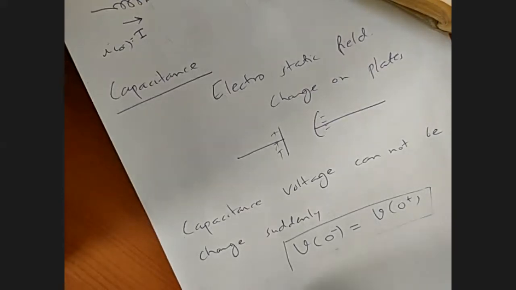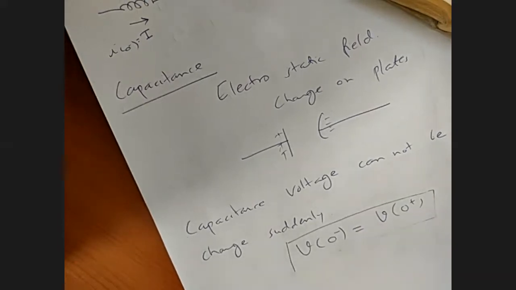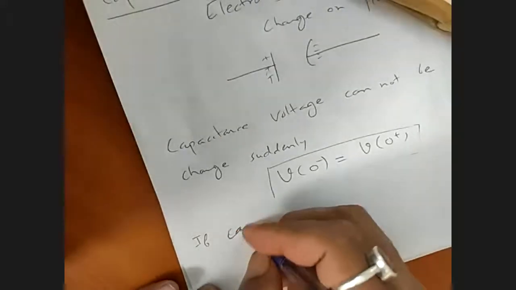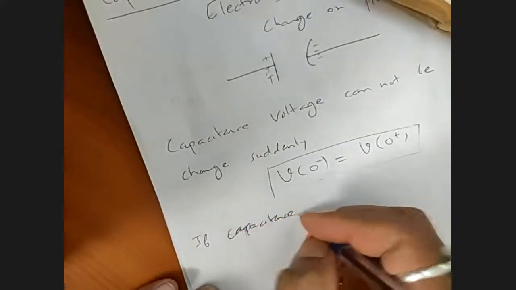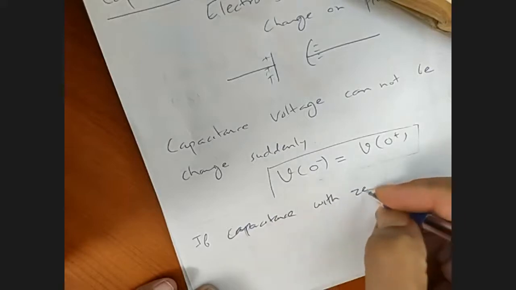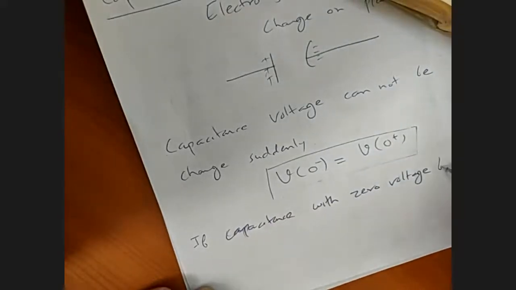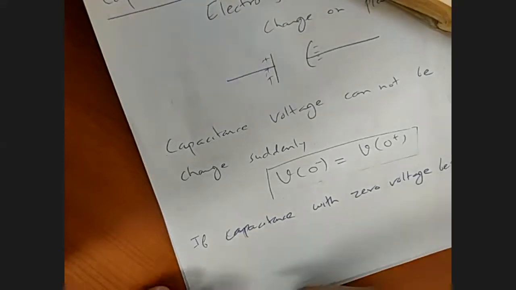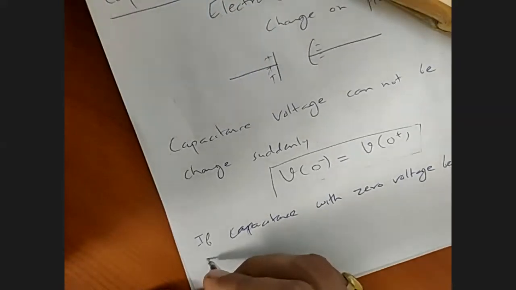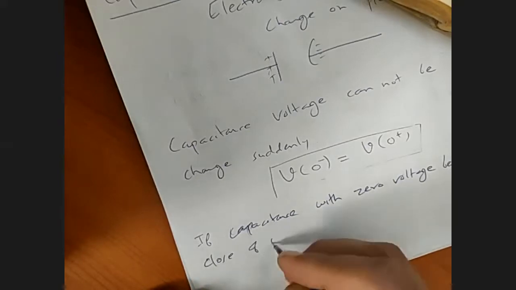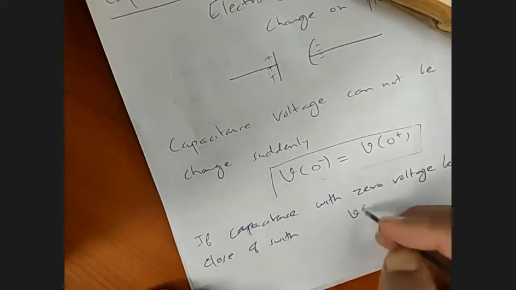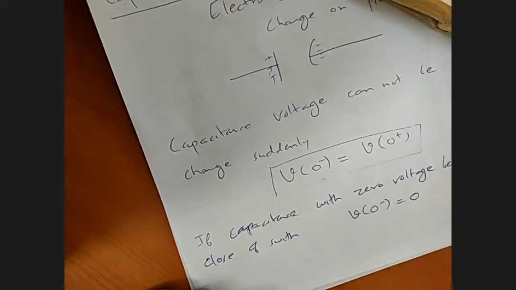So that means if capacitance with 0 voltage before close of switch, that means V0 minus is 0.